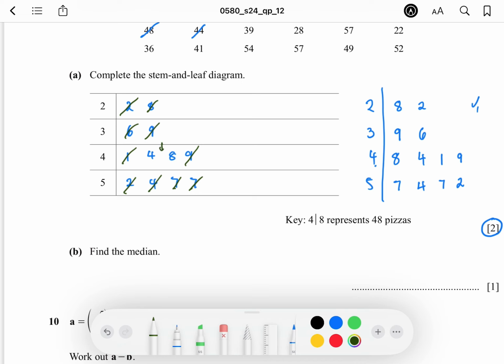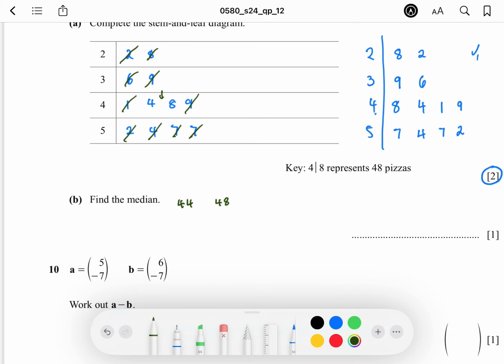Antara nombor apa? 44. Very good. Antara nombor 44 and 48. Bukan 4 and 8. Okay, it's between 44 and 48. So how do you find the middle number here? What do you do? And very good. And if you calculate that one, you should get well done. 46.